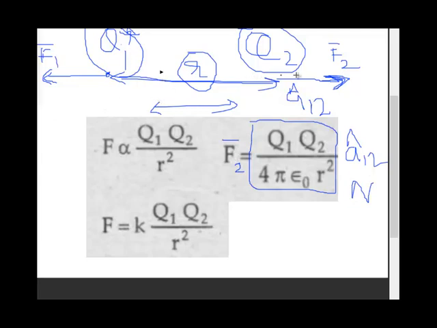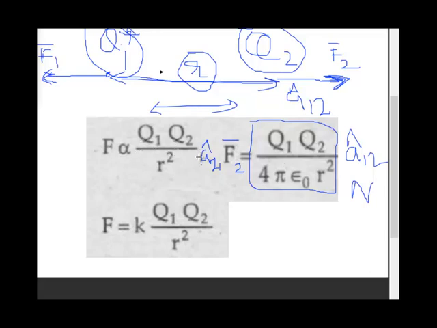And you can see that in this case both the forces will have the same magnitude, because force F1 will have the formula Q1 into Q2 upon R square into a cap 21. Only the difference is the direction. A cap 21 is a unit vector having direction from Q2 to Q1.